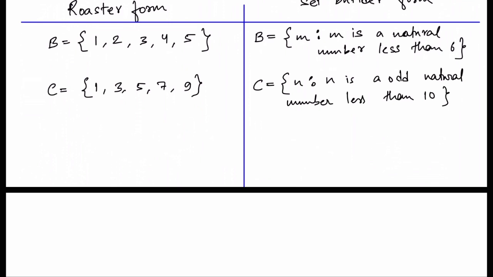What is the restriction? That all the natural numbers are less than 10. So we have to write that also. So C is the set of all N such that N is an odd natural number less than 10. This will be the complete set form for the given set C.